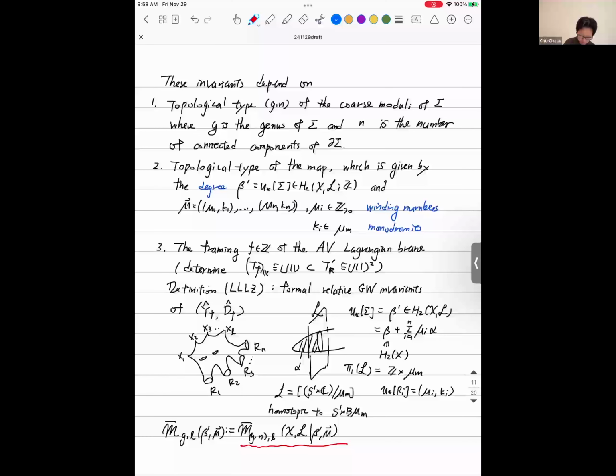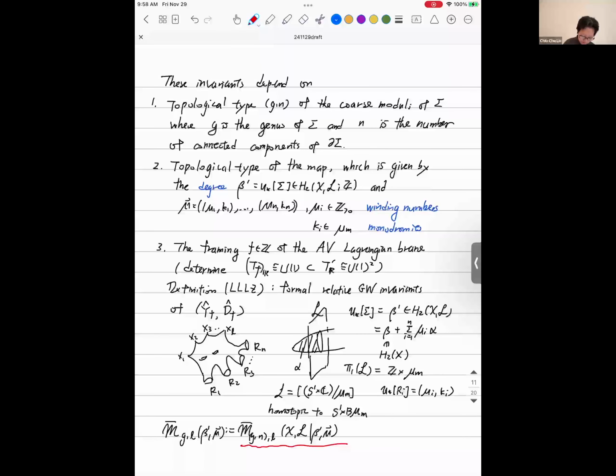And now this mu is an N-tuple, where each entry consists of a winding number and a monodromy associated to the ith component Ri of the boundary.